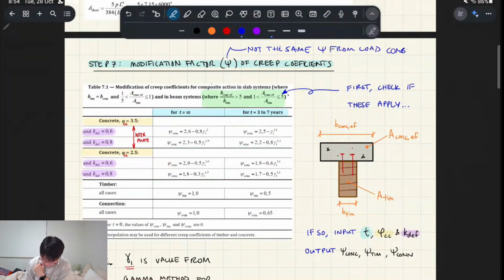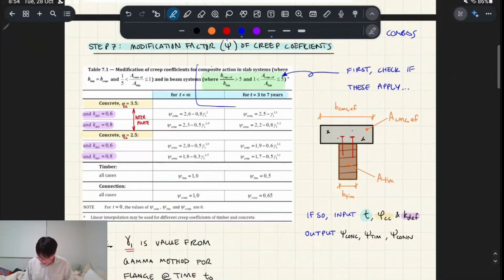Yeah, so this is a completely different value that we're going to multiply, that we're going to include for our long-term deflection and stuff like that, right?